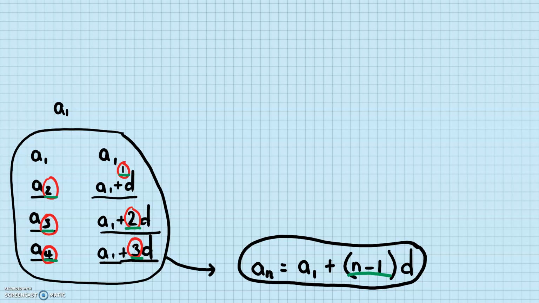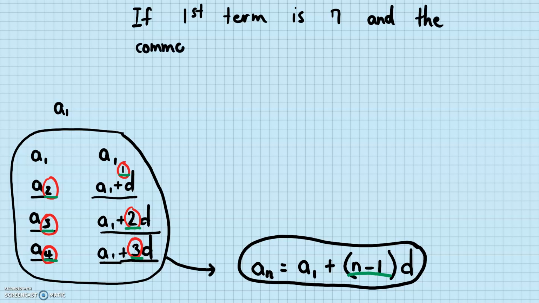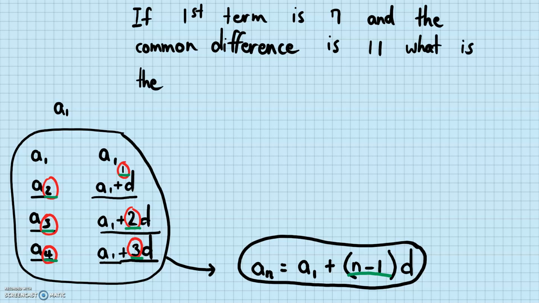If the first term is 7 and the common difference is 11, what is the 10th term?